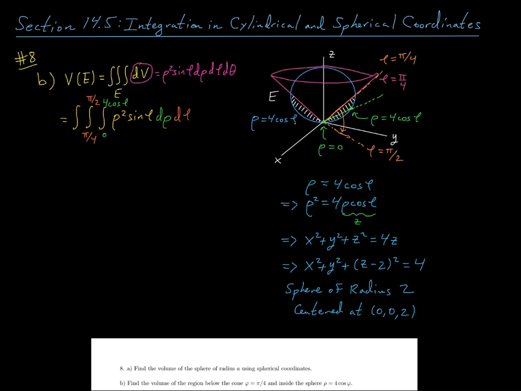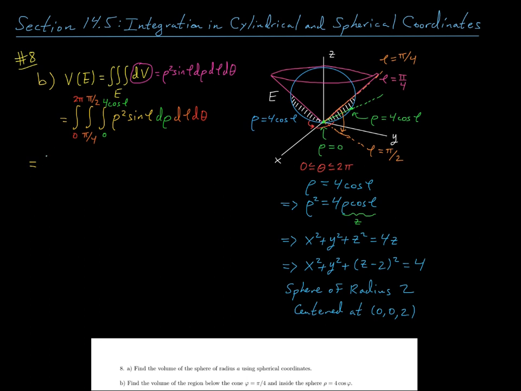All right. And then lastly, for the polar angle theta, we're just going to need to take a full 360-degree rotation to cover our region E. So in other words, our bounds for theta there are just 0 to 2 pi. Okay. So that's our integral, and so now let's go ahead and compute it. I'll first go ahead and compute the rho integral, and we're just integrating rho squared, right?